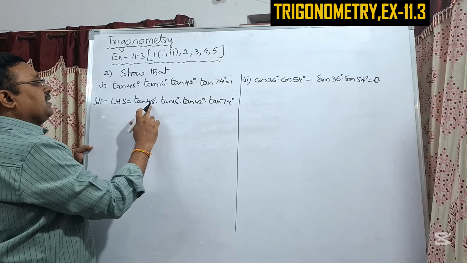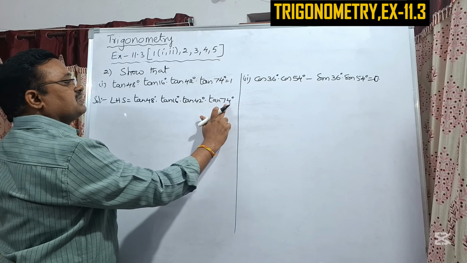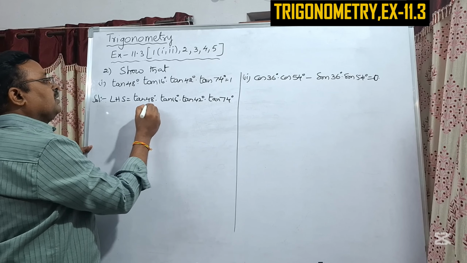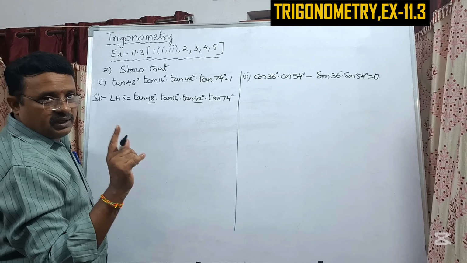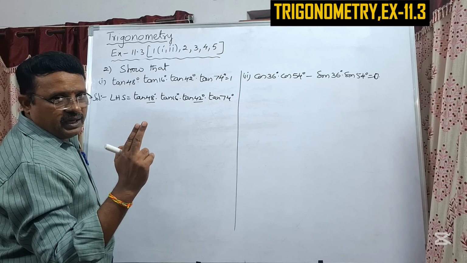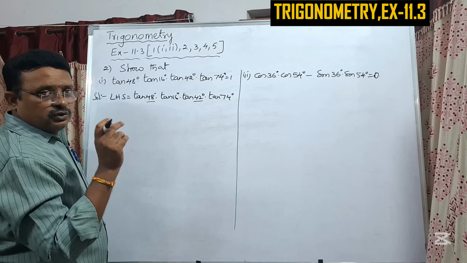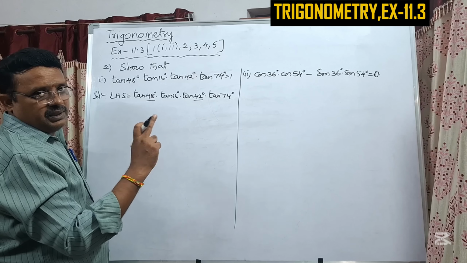Here 48, 16, 42, 74 degrees are the angles. If you observe, 48 degrees plus 42 degrees gives you 90 degrees. Sum of two angles equal to 90 means both are complementary angles. So try to apply the complementary relation between the trigonometric ratios.